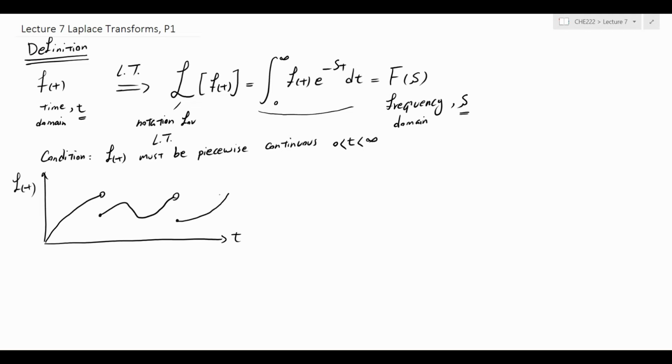This is a very general form of piecewise continuous function that I showed, but most functions that we will deal with in this course are much simpler. The simplest function is constant.